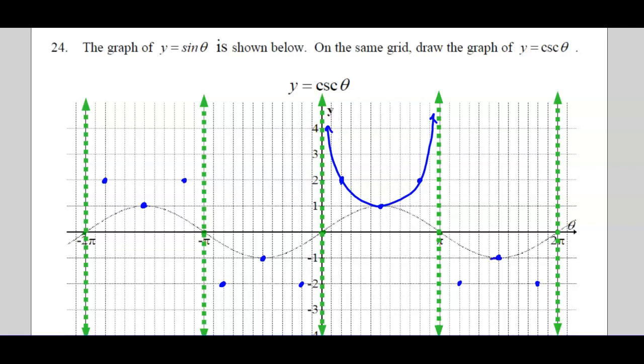So it's U-shaped, but a different U from a parabola. So just be aware of that. It's not a parabola. It's a sinusoidal, but it kind of has that U shape. So we do have relative minimums and maximums.